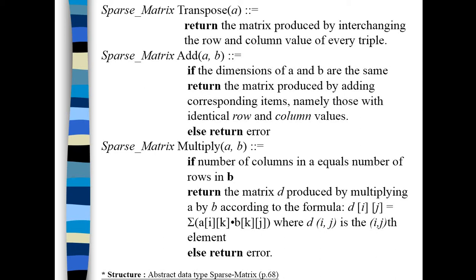We will check the row value and column value, add them, and store. The next one is multiplying two sparse matrices. For that, in the destination sparse matrix, a of i of k we will multiply with b of k of j and store it. It's normal matrix multiplication, the same way we do it.